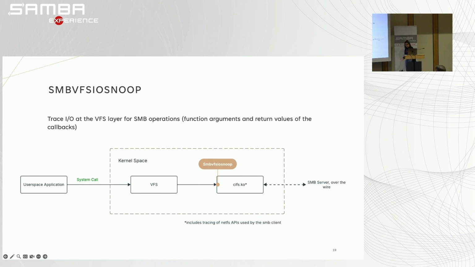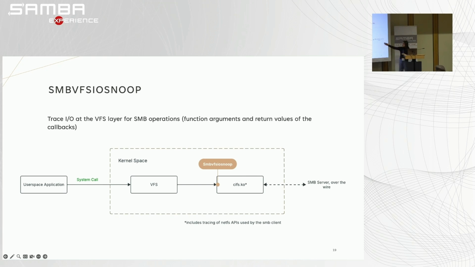Now there's a third tool, SMB VFS IO snoop, which can be used to trace IO at the VFS layer. Basically, you can get the return value from the VFS callbacks and the arguments that were sent to certain VFS operations as well.